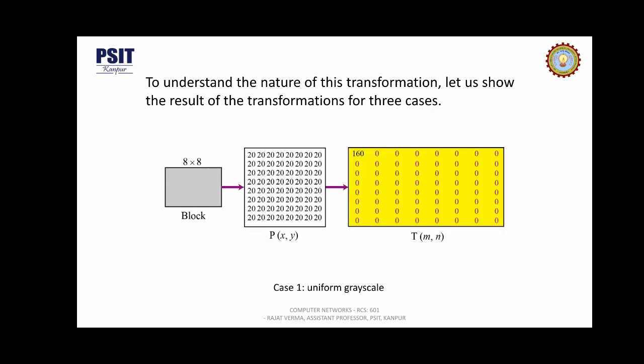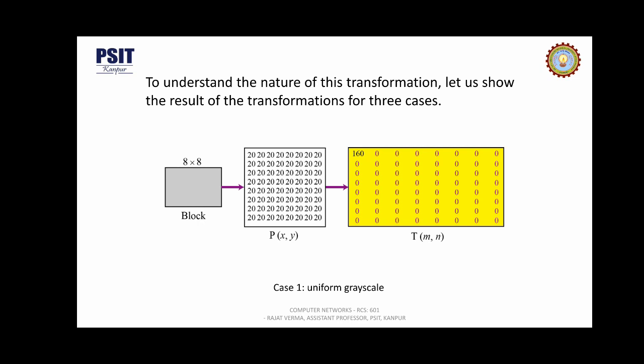Now, to understand the nature of the transformation, let us show the result of the transformation for three cases, in which the first case deals with a uniform grayscale. If I have an 8 by 8 block, then in the first process, P(x,y), we have a uniform grayscale value of 20, that is, the value 20 is uniformly distributed over the entire area.